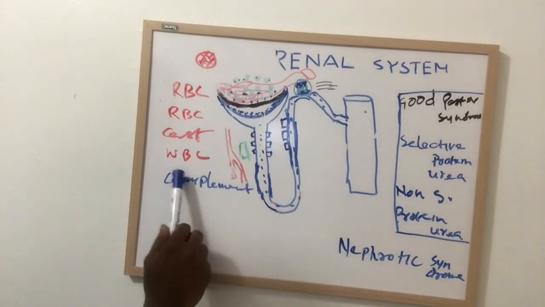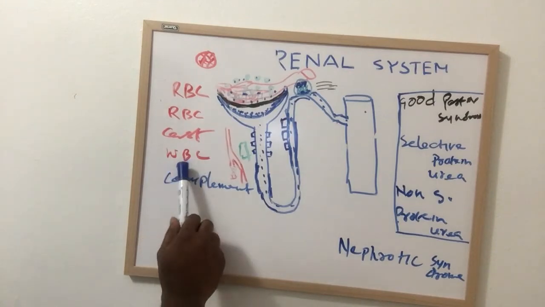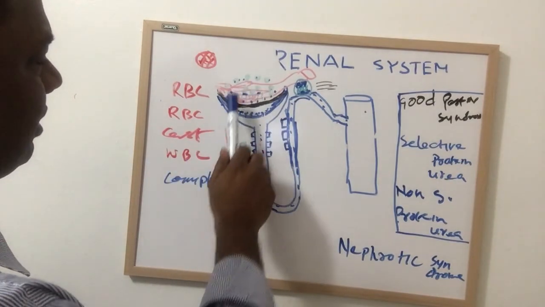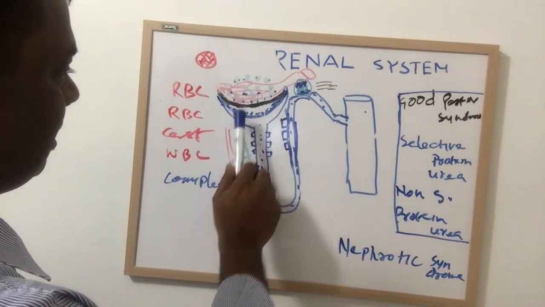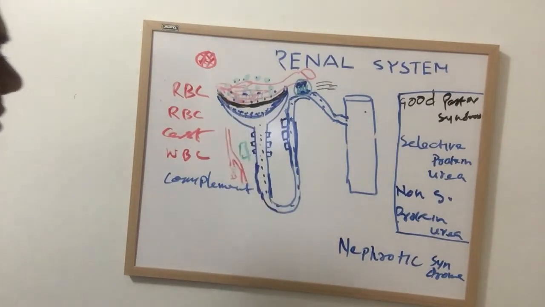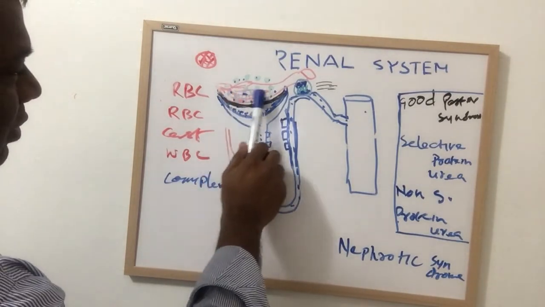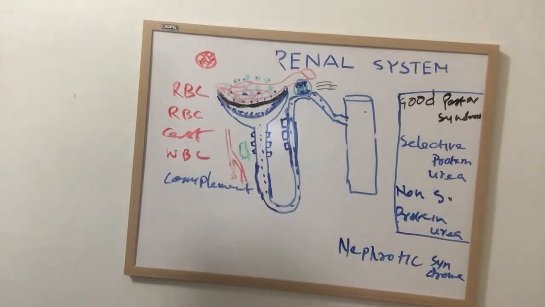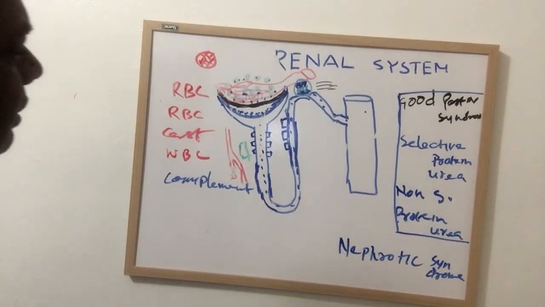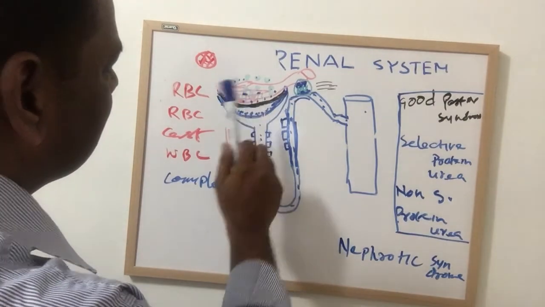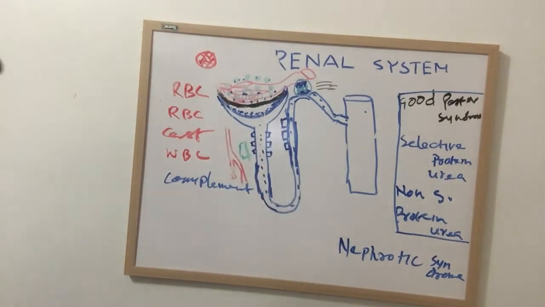Once white blood cells, neutrophils and other white cells, start coming here, they start proliferating in this area. This area can also undergo phagocytosis.